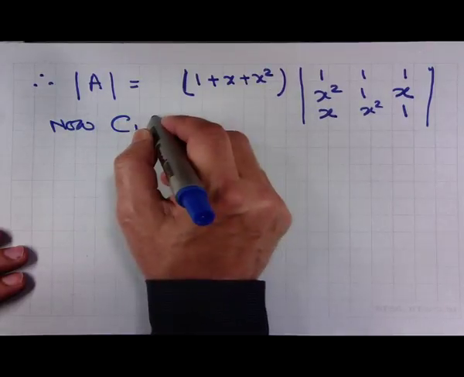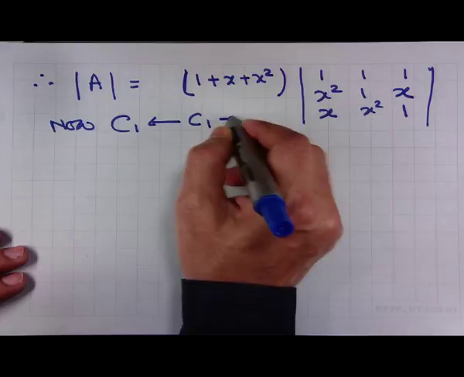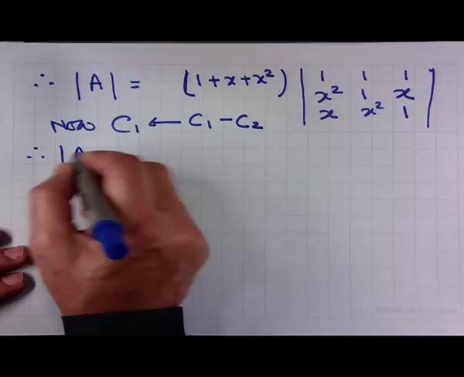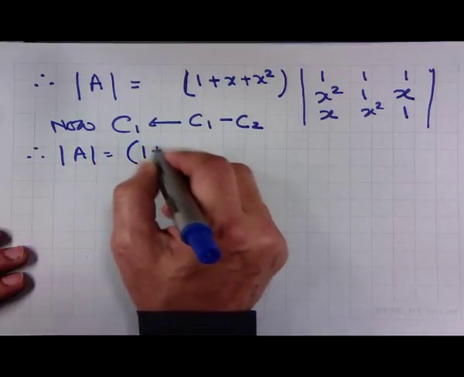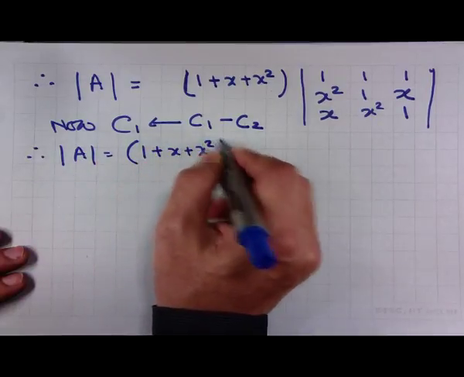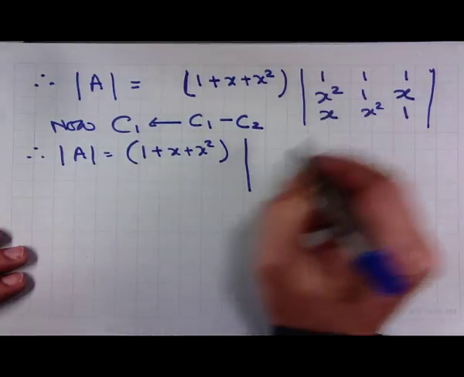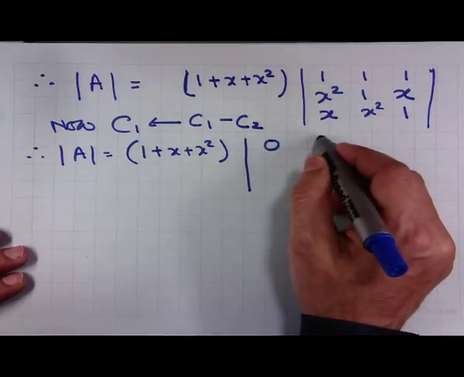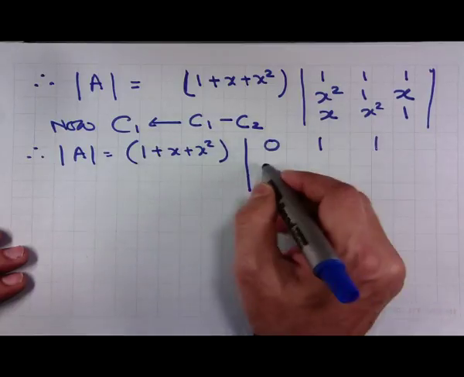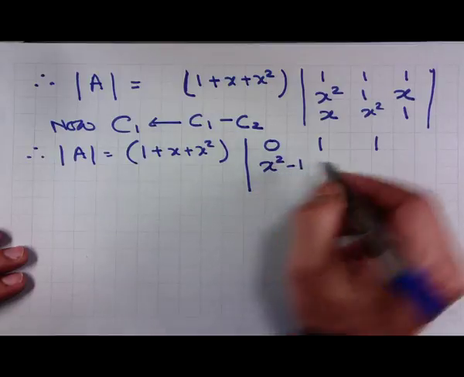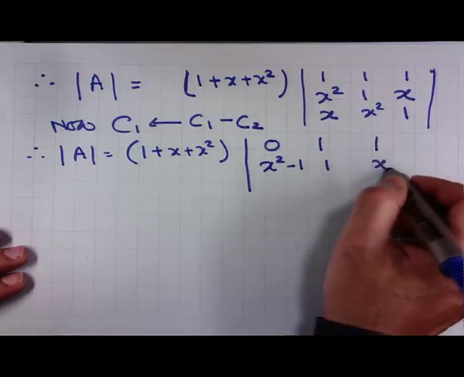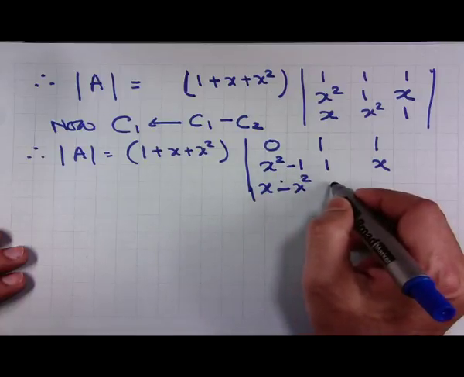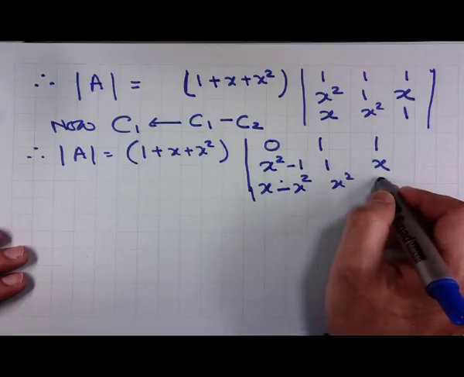So, we write column 1 is now C1 minus C2. Therefore, the determinant of A is equal to 1 plus x square into, after subtraction, the matrix with first column 0, x square minus 1, x minus x square.